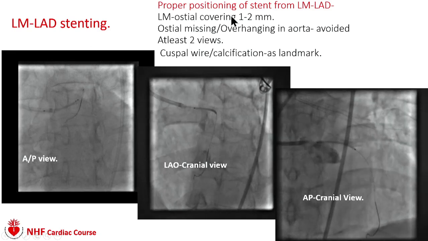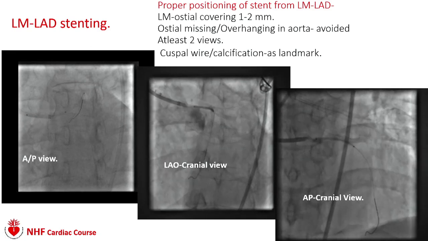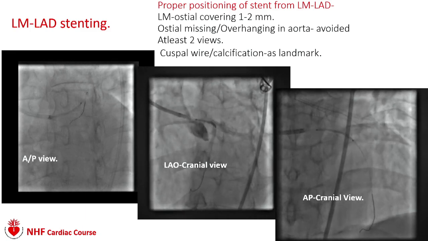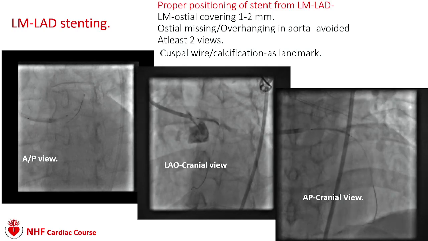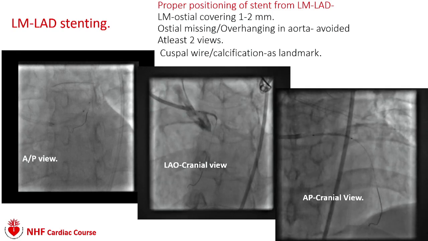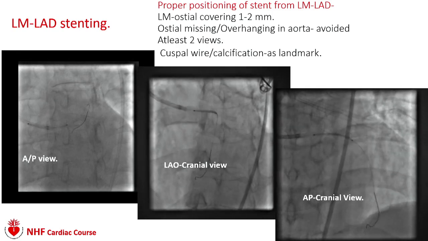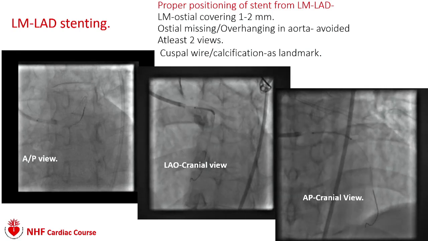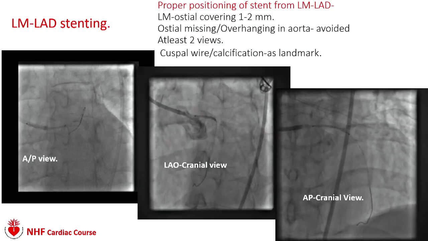Proper positioning of the stent is very important here, especially when the ostium of the left main is covered. Caudal-cranial is the best view to see the ostium of the left main, along with a cuspal wire. Sometimes if you see any calcification in the aorta, that may help you put the stent perfectly covering the ostium, with no more hanging, and the ostium should definitely not be missed here.